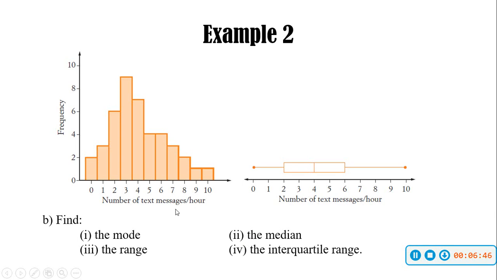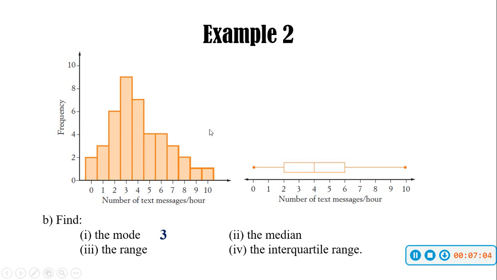Okay, find the mode. We can't use the box plot here. We have to use the frequency histogram with the highest frequency 3. So the mode is 3 messages per hour.